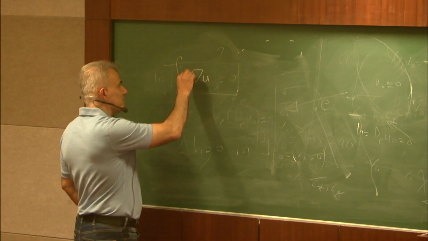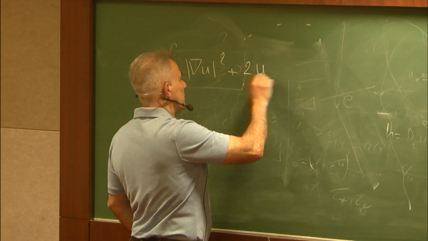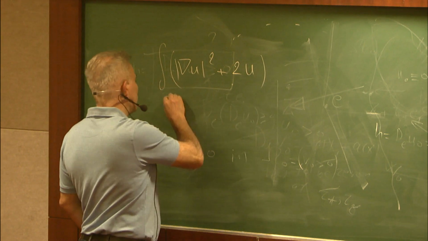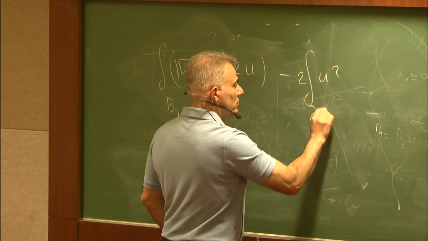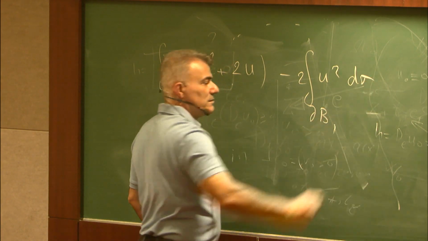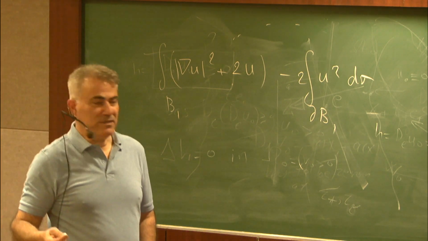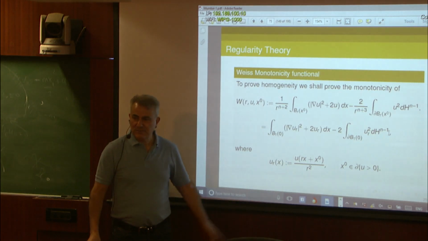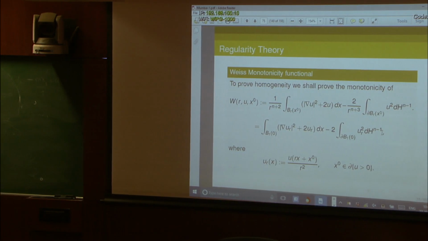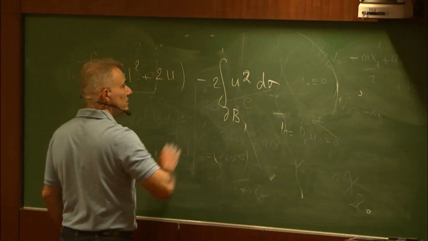So you have the gradient of u to the power of 2 plus 2 times u, integral over the ball B1, minus 2 times u to the power of 2 over the boundary of B1. Agree? This is the integral. I'm taking r to be 1 because it really doesn't matter. If you put r here, it's homogeneous, you can take it out. Think x0 is 0. Homogeneous of degree 2.